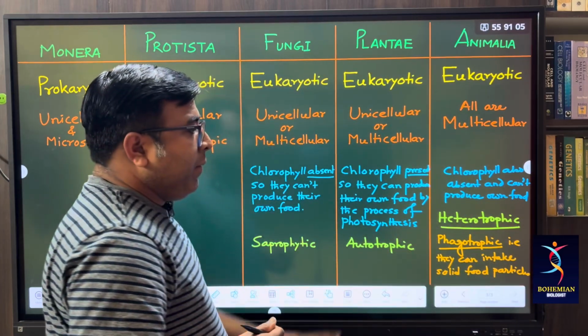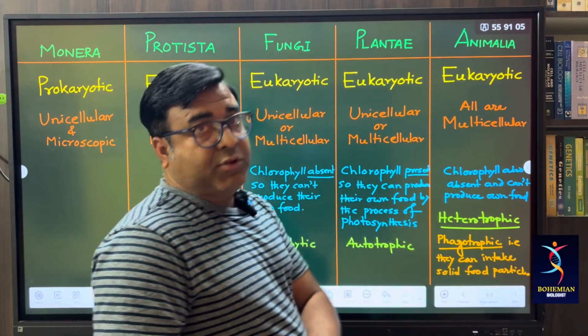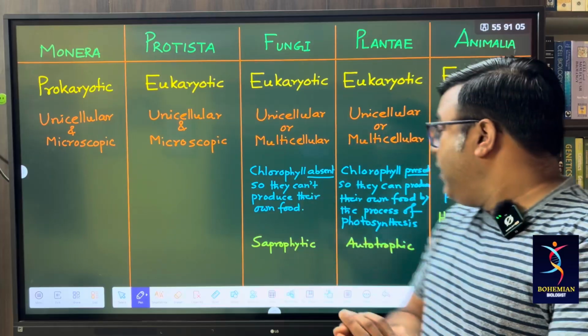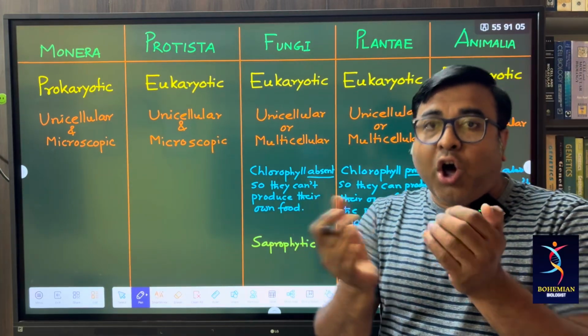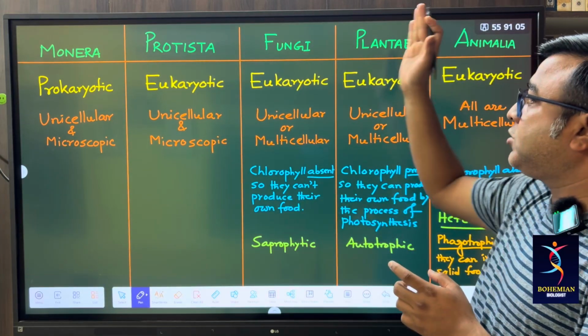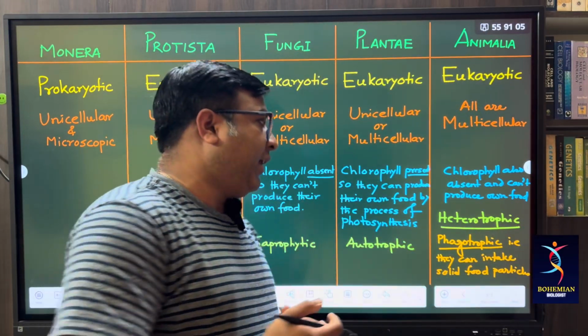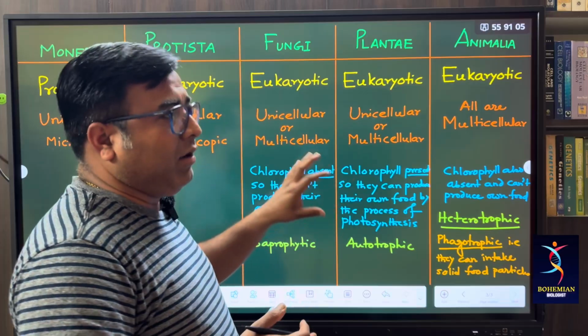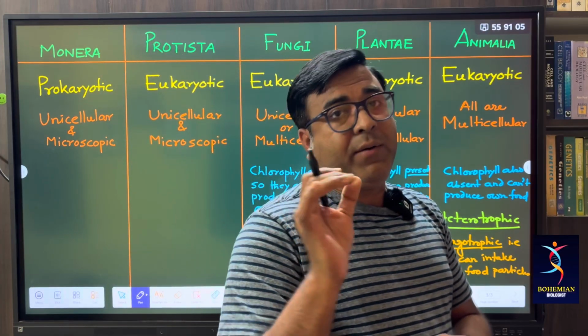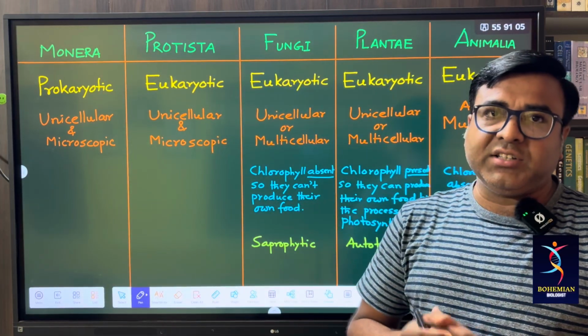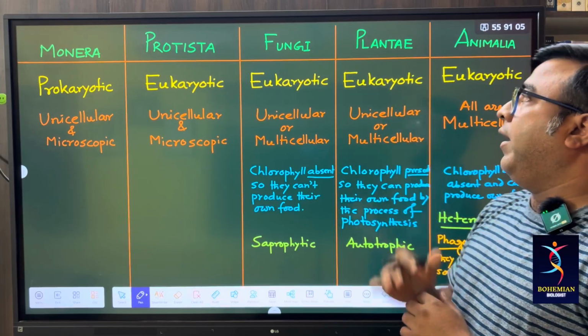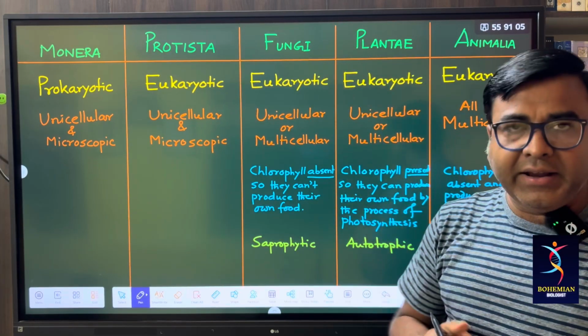This phagotrophic nature is found in Animalia. They can ingest solid food particles, but plants and fungi cannot ingest solid food particles. They actually ingest liquid materials. Liquid materials pass through the cells of plantae, fungi, etc.